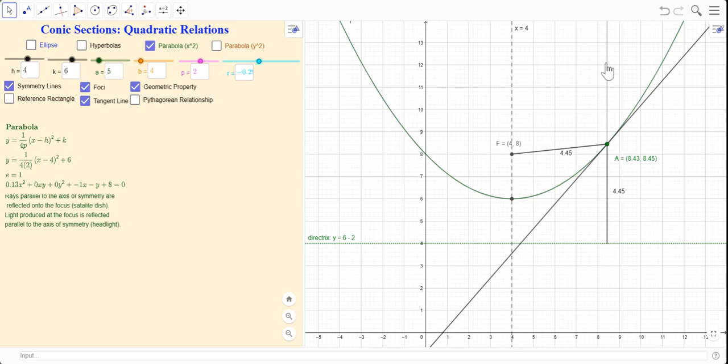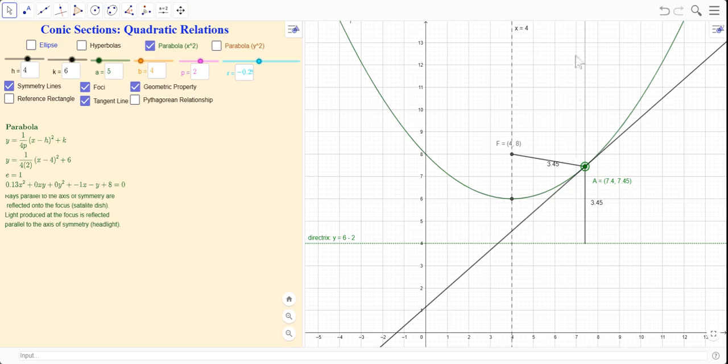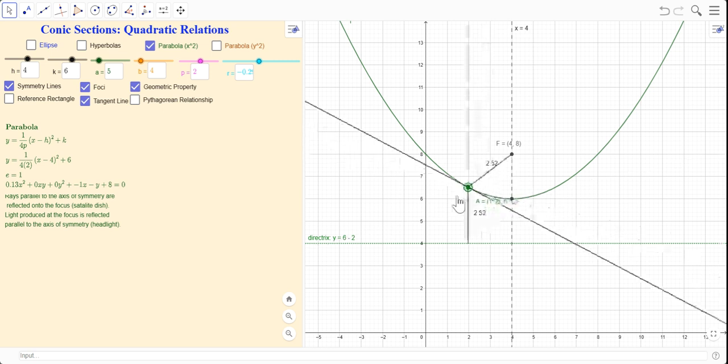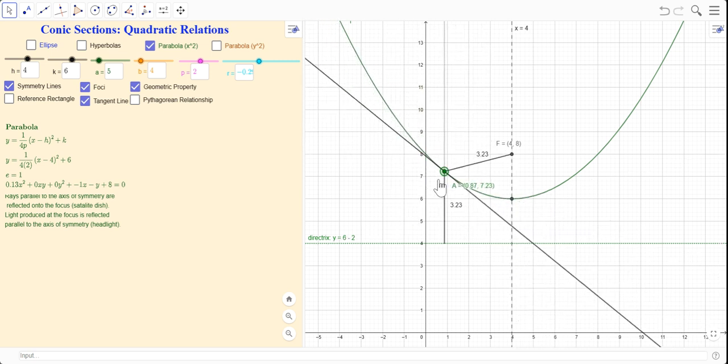The angle that the vertical makes with the tangent line is the same as the tangent line makes with the line segment going from that point to the focus. So any light coming in here, whether it's here or over here, is going to bounce off and come back to the focus. Can you see how that might be useful?